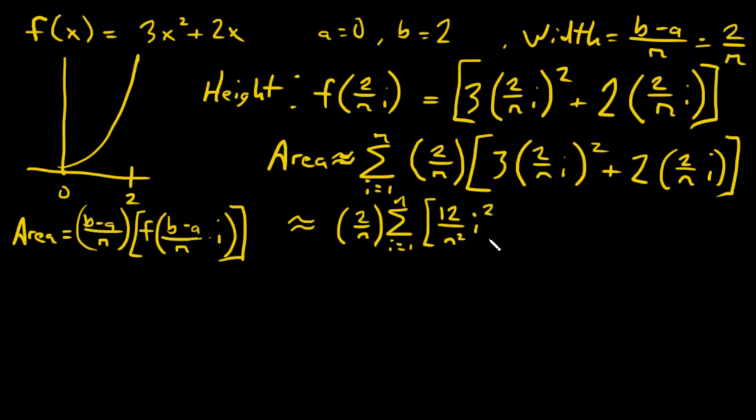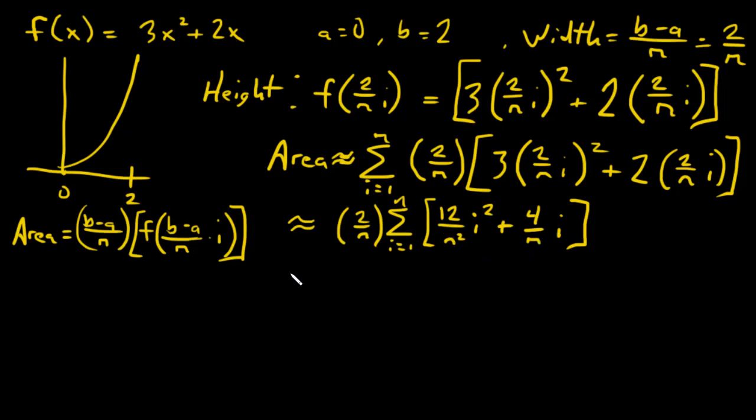Okay, and then over here I'm going to have plus 2 times 2 over n, which is 4 over n i. Okay, it's already looking not so bad, right?